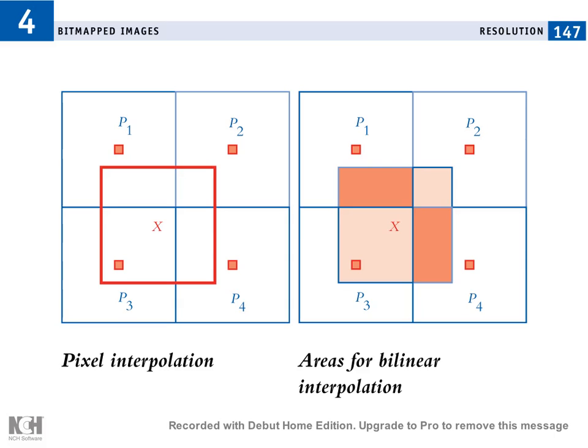You can see here P1 is far from x, and P2 is far from x. So P2 just has a very small area, and the smallest area means its weight contributed to x is small. That is the idea of the bilinear equation.